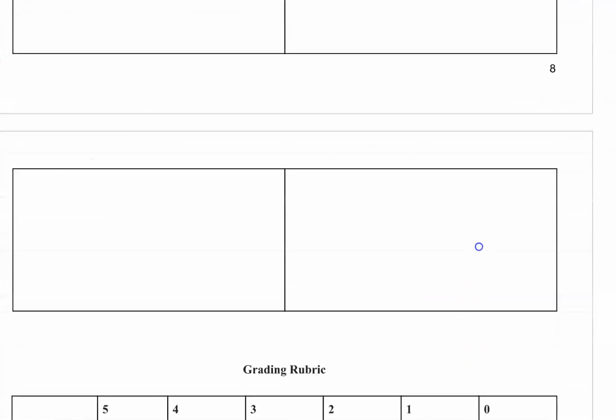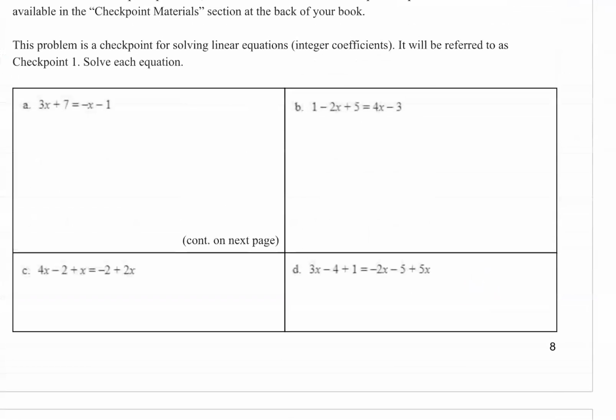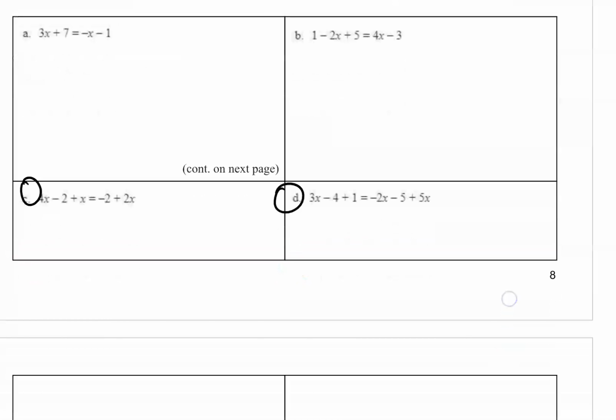Alright, I think this is the last one. Cool. Let's do 2 of these and call it a day. I'll do C, I'll do D. Okay, for part C. Remember, with equations, you always look to combine like terms on each side. So on the left, I've got a 4x plus x. It's going to be 5x. There's a minus 2 left over. On the right side, no like terms.